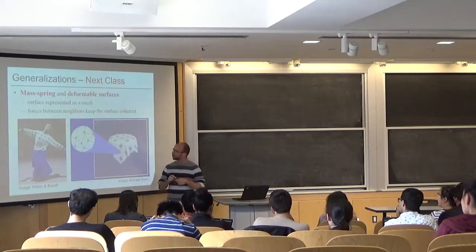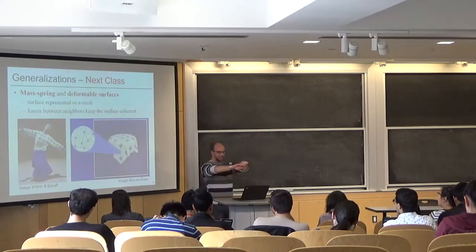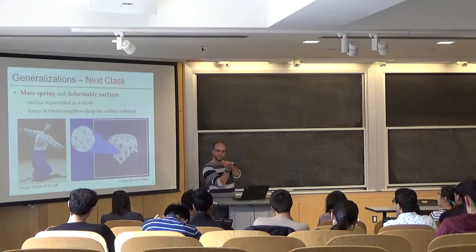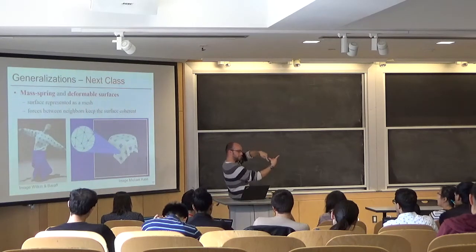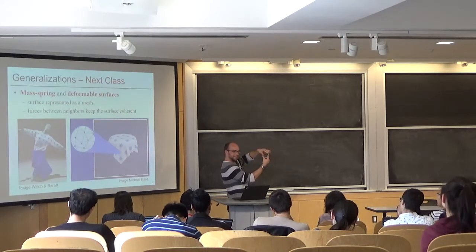But there are a lot of other phenomena that aren't captured here, right? For instance, cloth tends to have stiffness. I can fold it more than 90 degrees, and it starts to resist that motion. And if I have two triangles that share an edge and hinge on it, really bizarre things can happen. Like here, they're perfectly happy to hinge. The springs don't get messed up at all, but in this direction, they do.